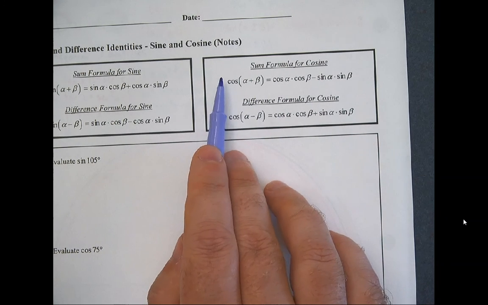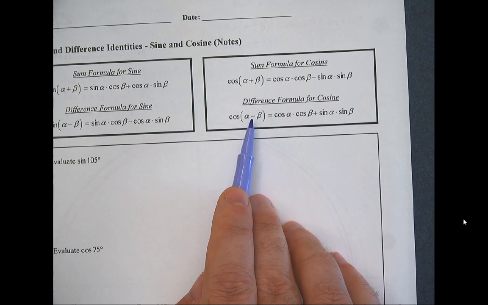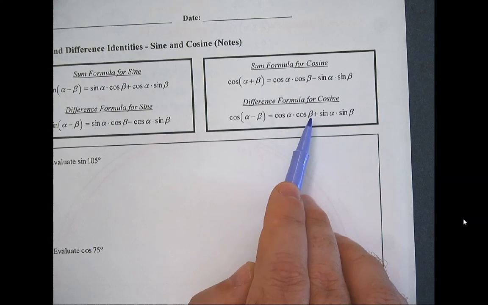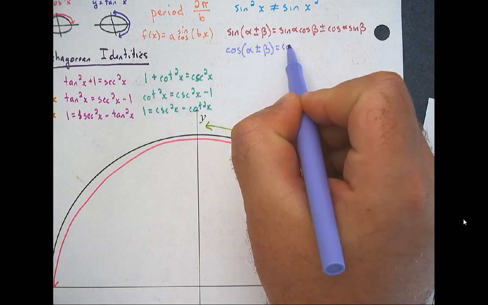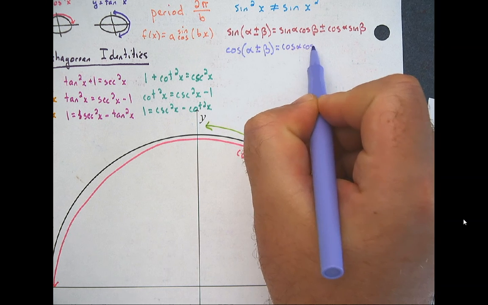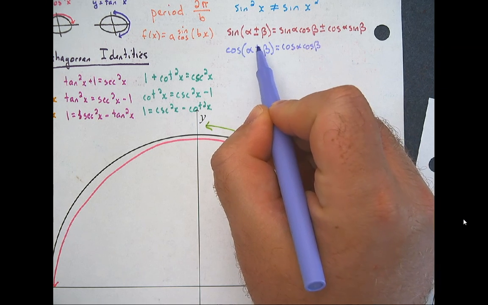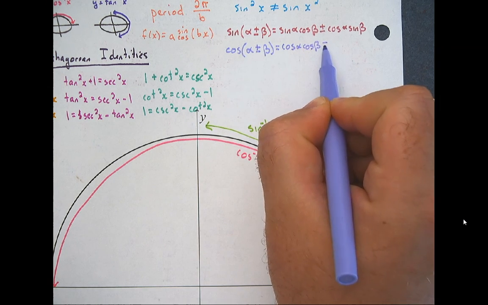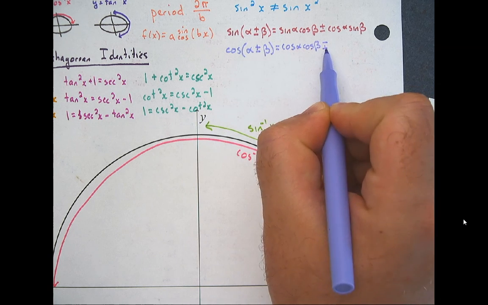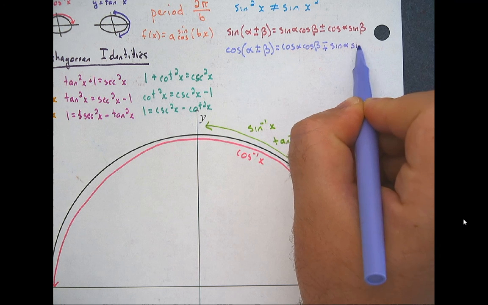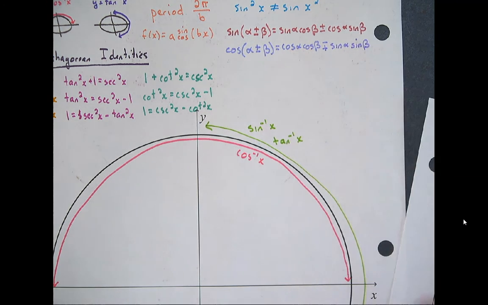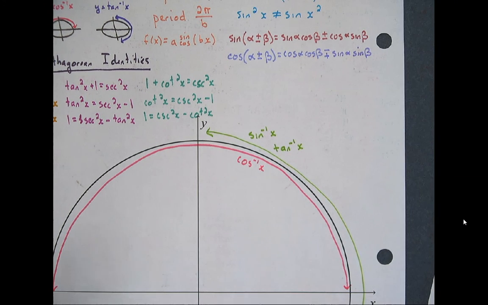So I'm going to write mine as cosine alpha plus or minus beta, and then I'm going to switch that order when I get to the other side. So it's going to be cosine alpha cosine beta, and this is what I mean. When you're doing a plus, this is going to be a minus. When you're doing a minus, this is going to be a plus of sine alpha sine beta. And again, if you don't understand that, write both formulas out and go from there.